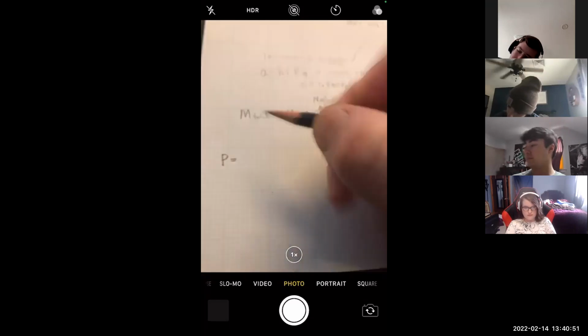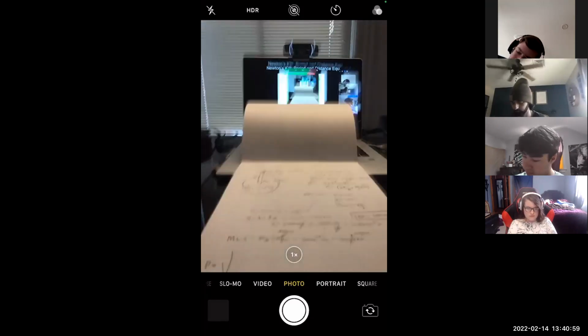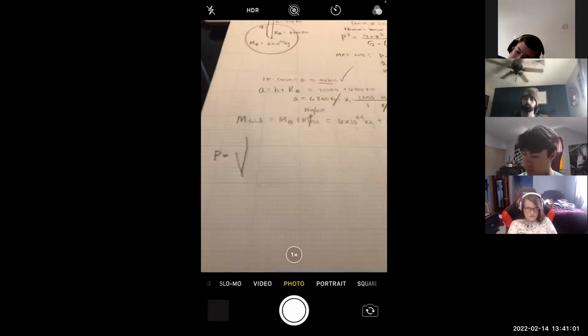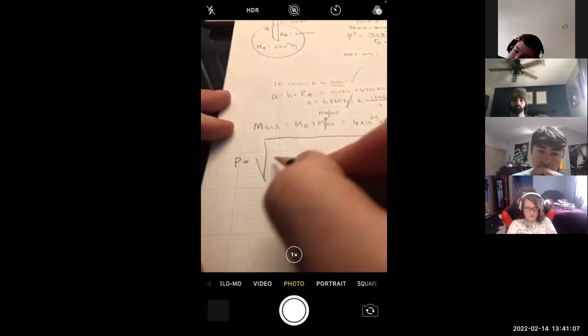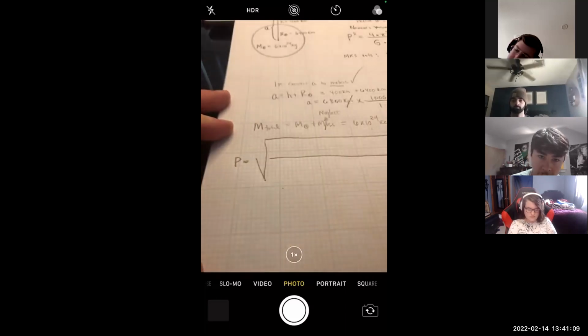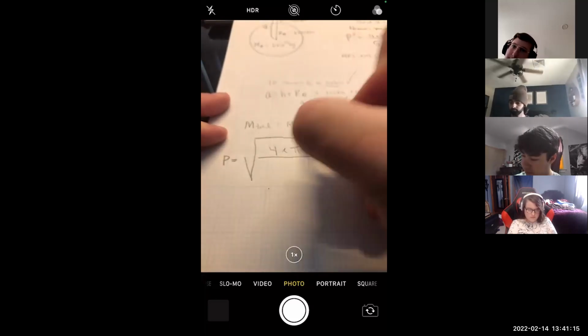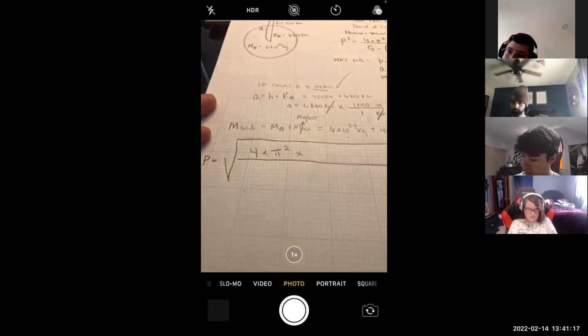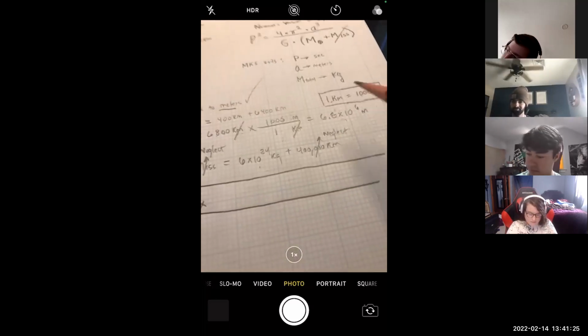So P is going to be equal to the nice big neat square root of 4 times pi squared times, now we have to put in our A, which Ethan Brown helped us get, is 6.8 times 10 to the 6 meters.